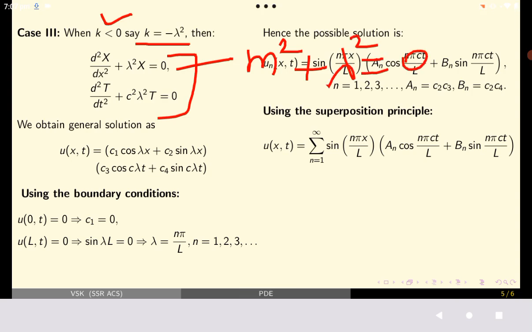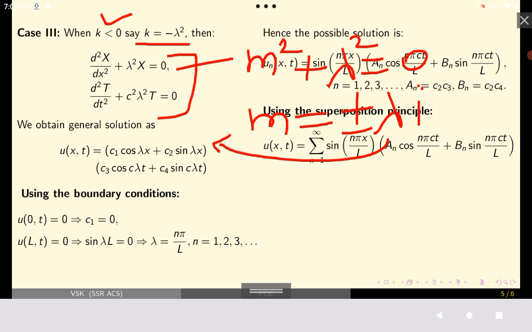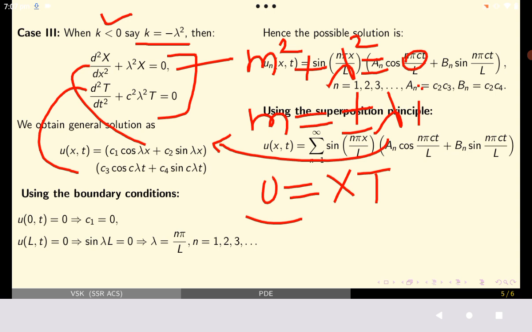This gives m is equal to plus minus lambda i, and we know that in such a case the solution is given by this. Similarly for this equation, we'll get this solution for t, and this is for x, and we have supposed that u is equal to X into T. So we got this solution.